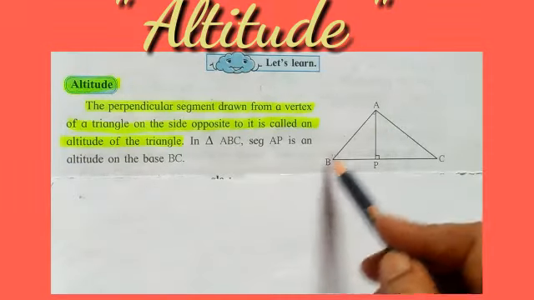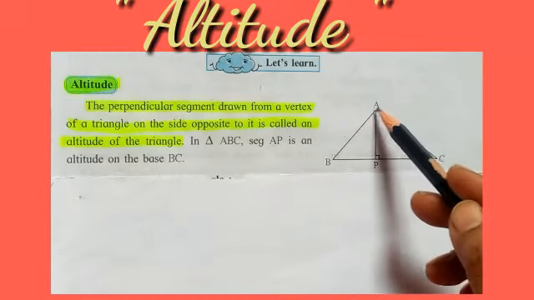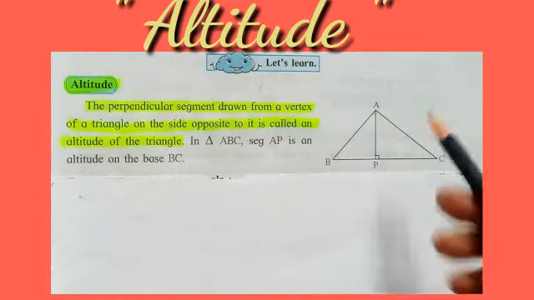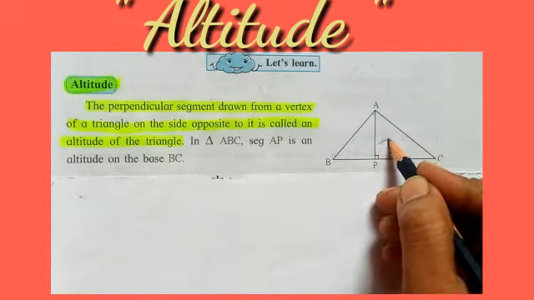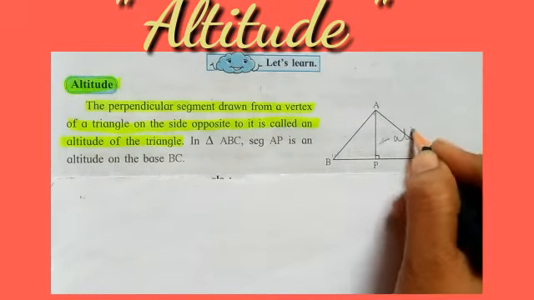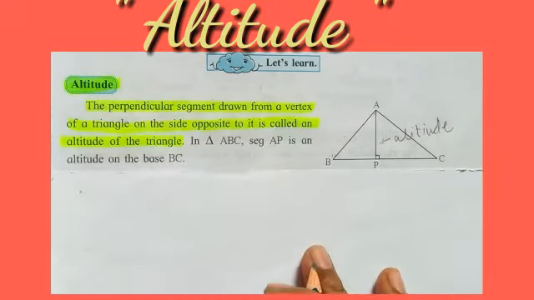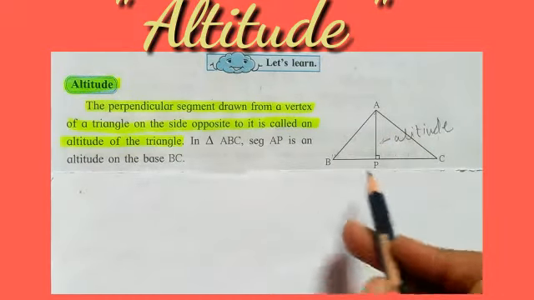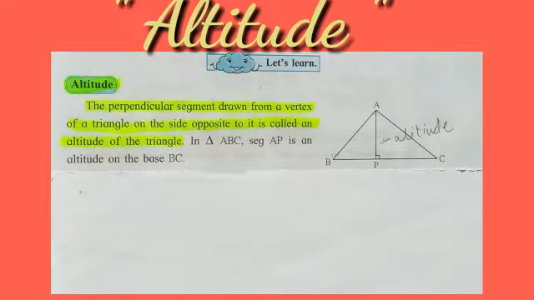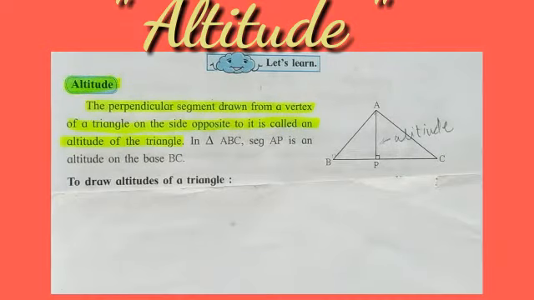So here in triangle ABC, segment AP is the altitude of the triangle ABC, which is over the line BC. Let's see how we can draw the altitude of the triangle.